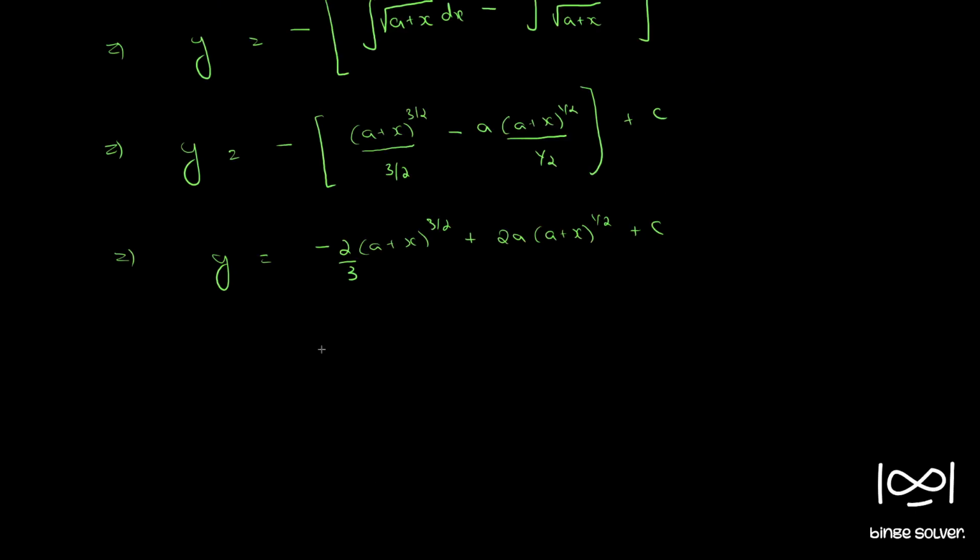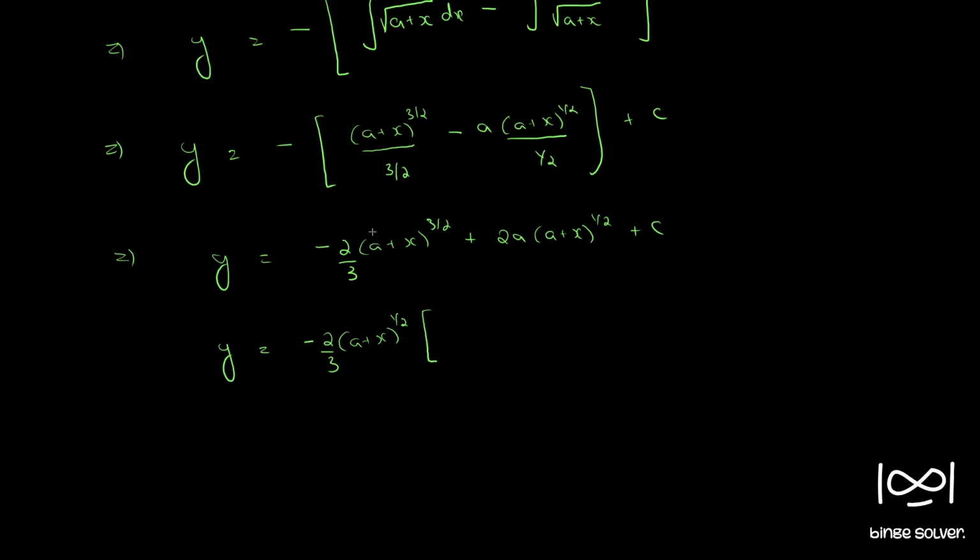Now for simplification, we can take (a + x) raised to 1 by 2 common, and minus 2 by 3 common.